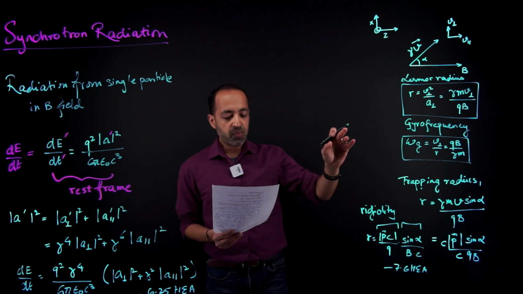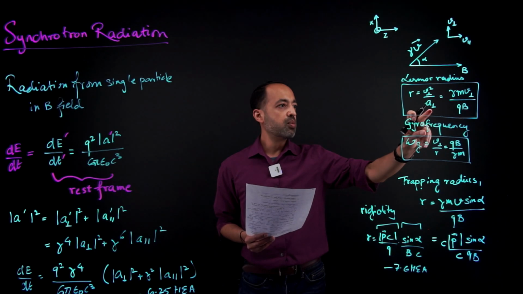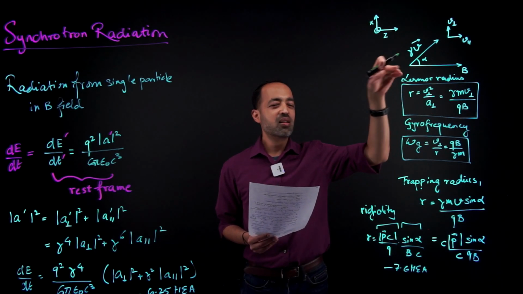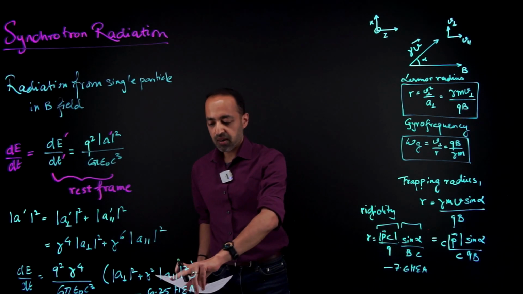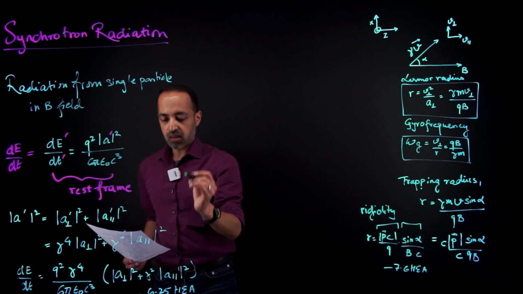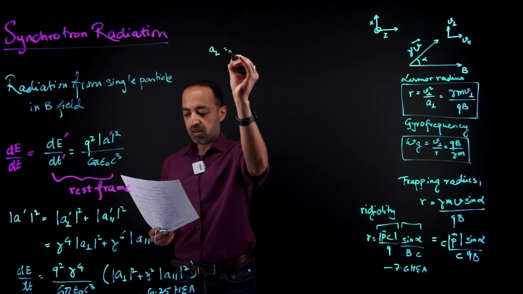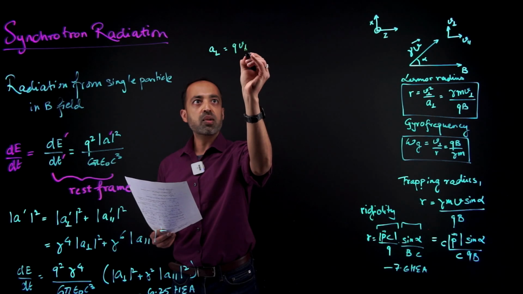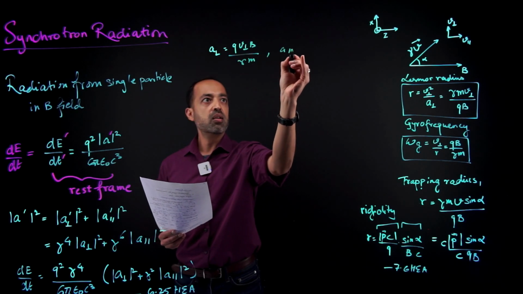So the perpendicular component of the acceleration is the component that we used to derive Larmor's formula, and that's the component that's into the plane of the board. And there is no parallel acceleration. So A parallel is 0, and A perpendicular, as a reminder, for our case is q v perpendicular B over gamma m, and A parallel is 0.